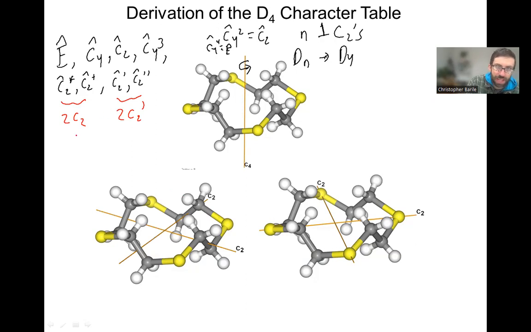I drop the hats because we're talking about classes now. And we put 2 in front of it because there are 2 operations in each of these. Now, how do I know these are in different classes? Mathematically, it is because there's no way to interconvert between these two groups of symmetry operations using other operations in the point group if we define different Cartesian coordinate systems.